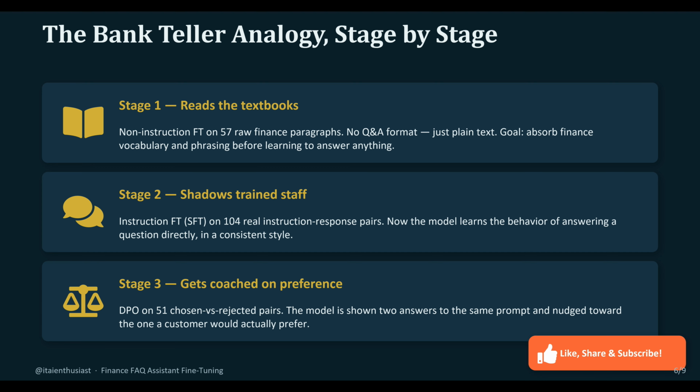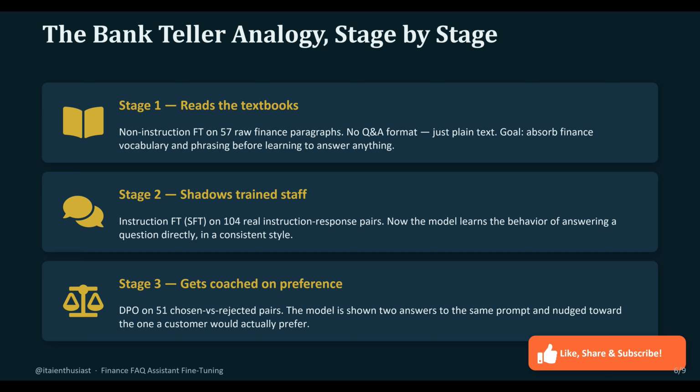Now the actual deep dive. Let's put actual numbers behind each stage of the analogy. Stage 1, the teller reads the textbooks: 57 raw finance paragraphs, no questions, no answers, just domain language. Stage 2, the teller shadows trained staff: 104 real instruction response pairs, teaching the actual behavior of answering a question.